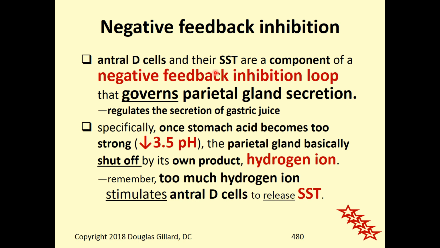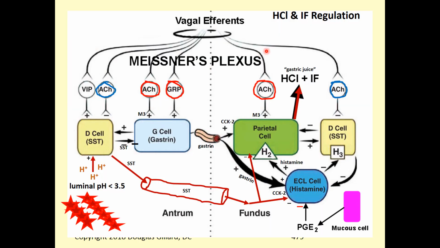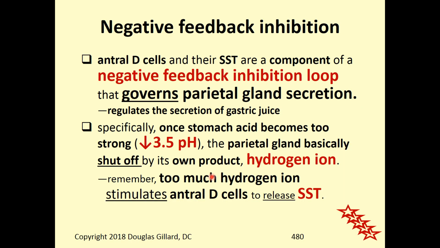What we just described, hydrogen ion being produced, and when the product of a gland actually induces its own shutdown, because hydrogen ion builds up and stimulates D cells, SST, and so on, that's called negative feedback inhibition. Very important, high board stuff. You've got to understand negative feedback; we see examples of that in endocrinology all the time.